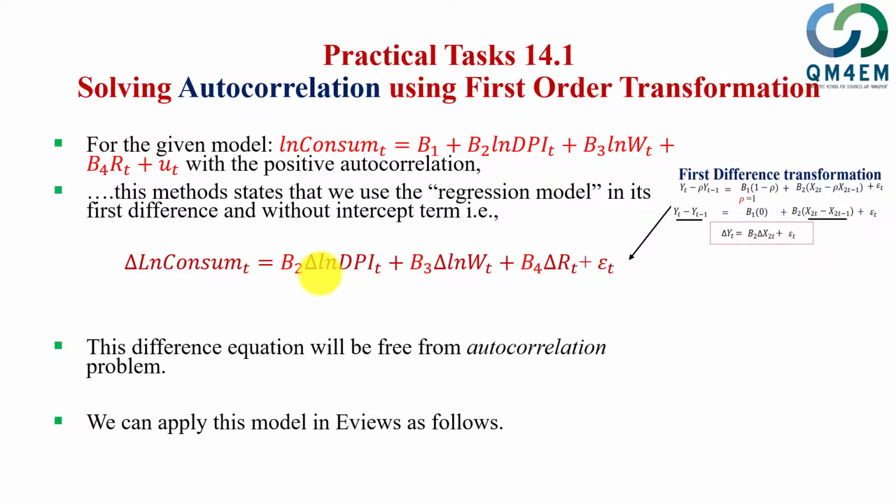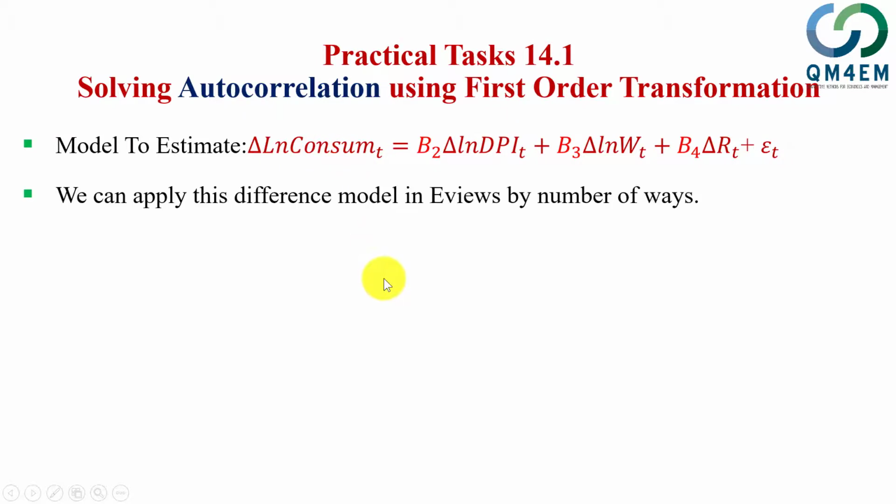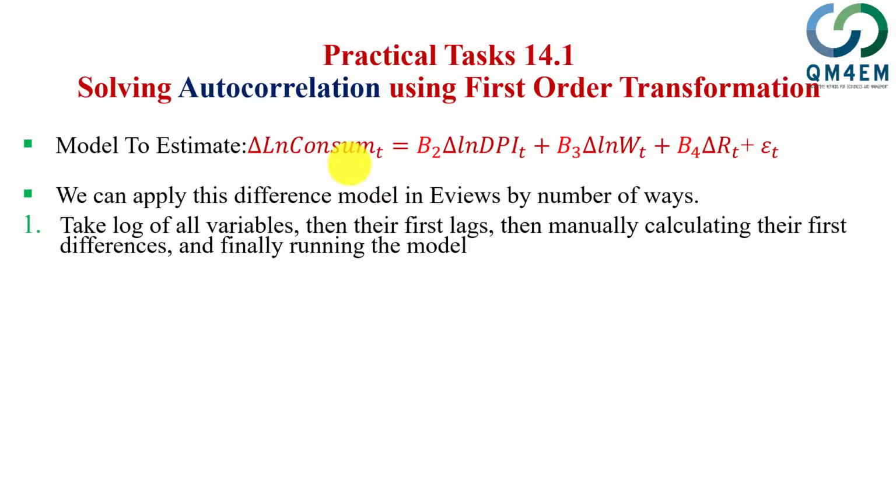To do this in Eviews, we have to estimate this model. Now this model can be estimated in a number of ways. As you can see, the variables are in difference form. So for that we need the log of the variable, then its lag values, then its differences. The first way, which is very obvious, is to take the log of all the variables.